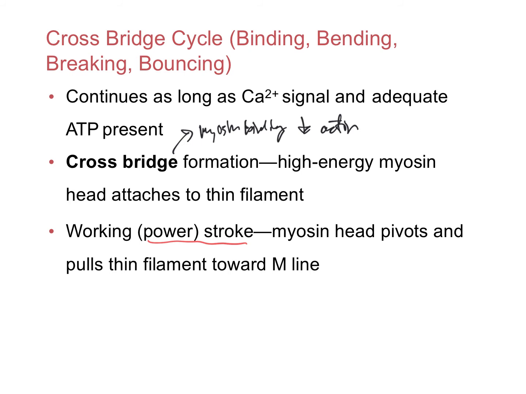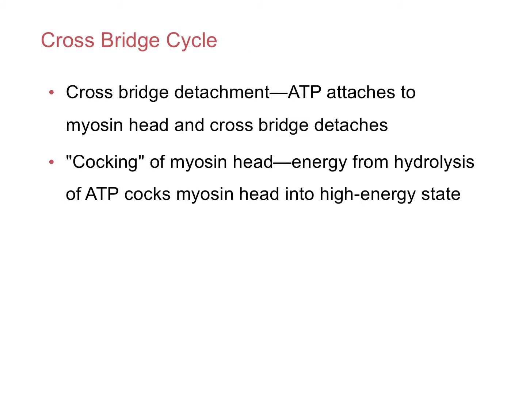Power stroke. From there, we've done binding, we've done bending, the next one is breaking. In order to continue contraction, we have to break the association of actin and myosin.